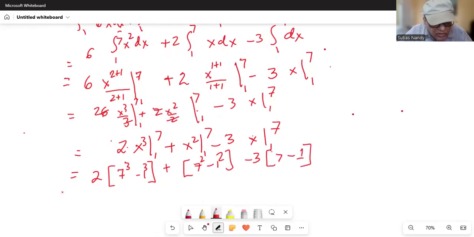So you have 2 times, what is 7 cubed? 7 sevens are 49, and then 7 nines are 63, so 343, minus 1. Let me check quickly on my phone calculator. I'll open the calculator. I want to do 7 cubed, so clear everything, 7 cubed.